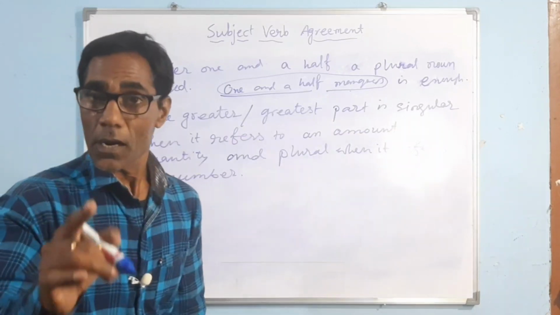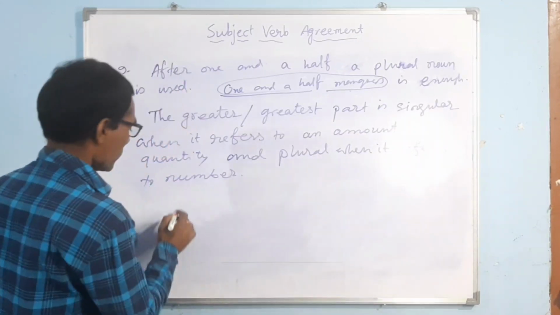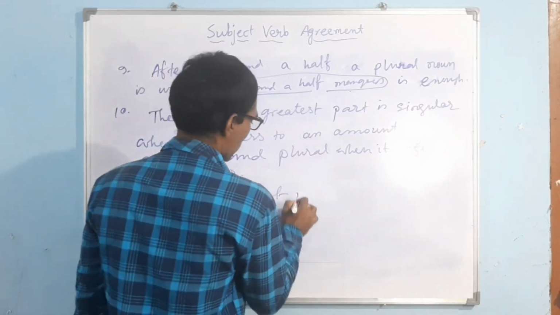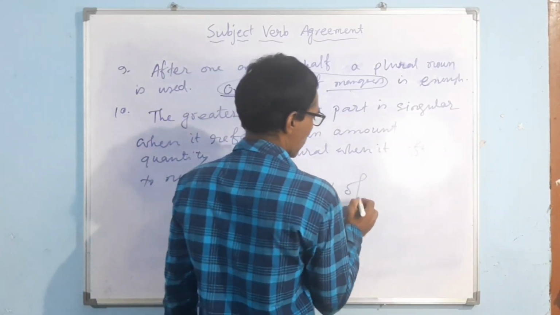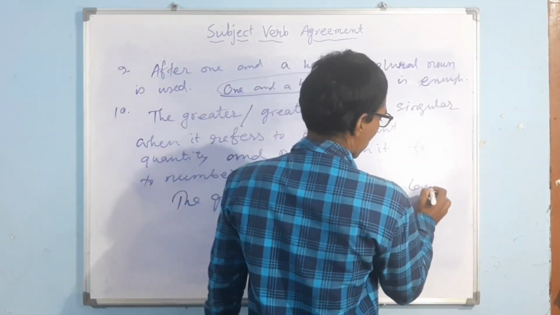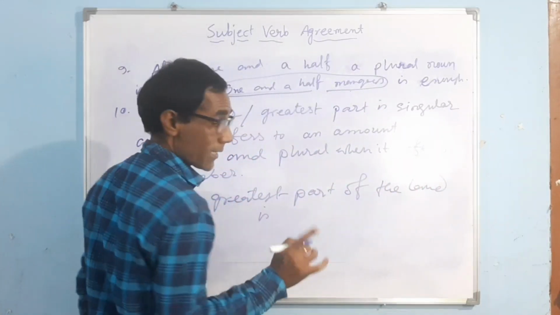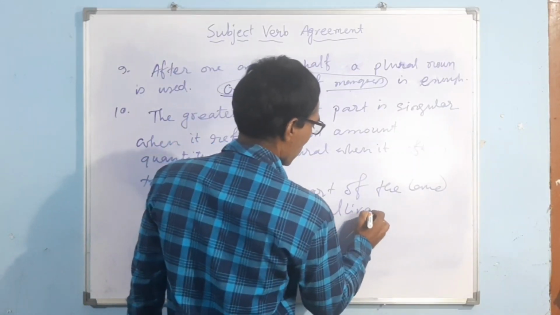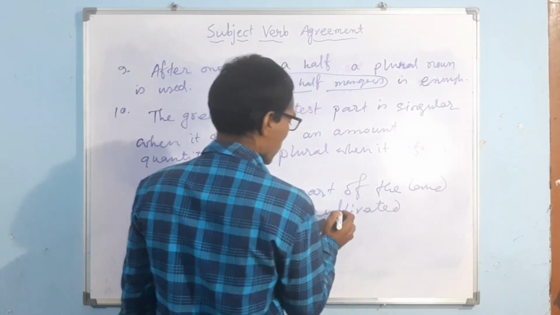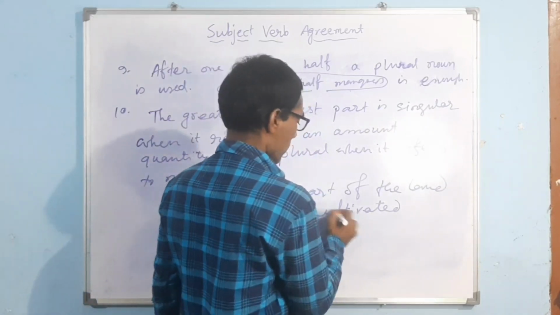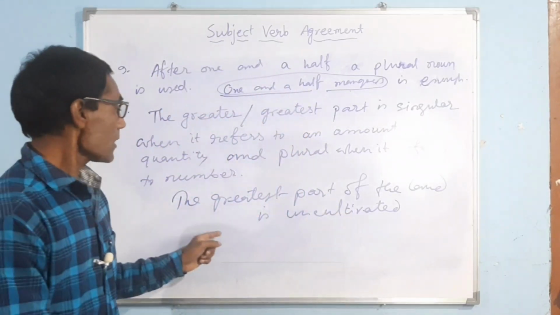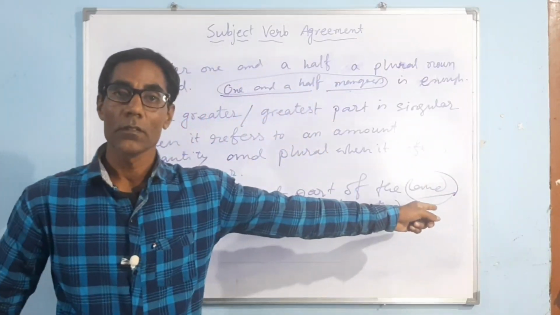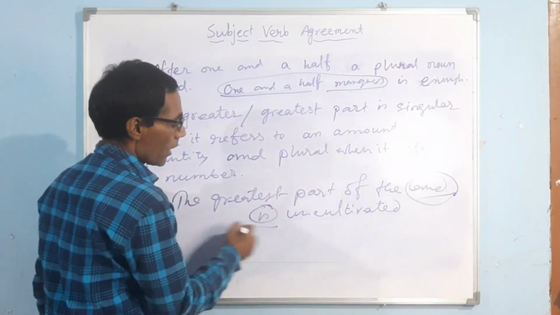The greatest part of the land is uncultivated. The greatest part of the land is uncountable, therefore is singular verb.